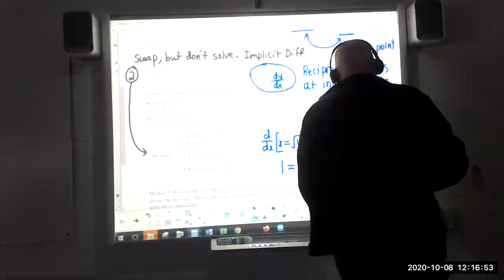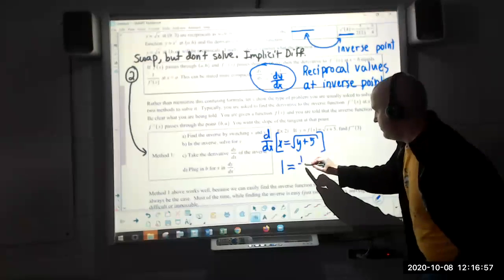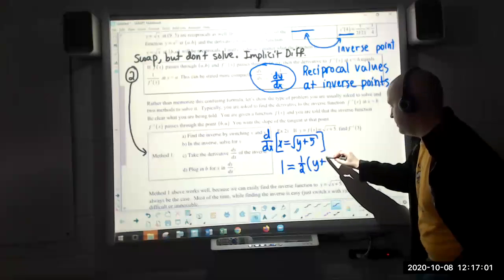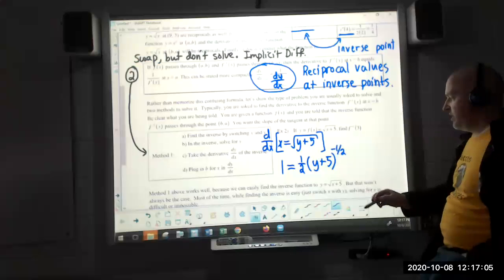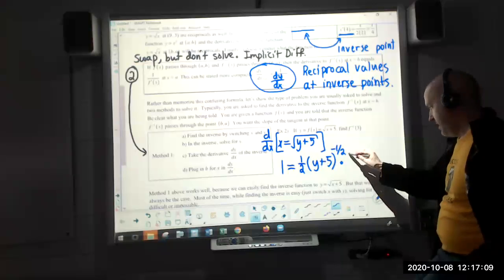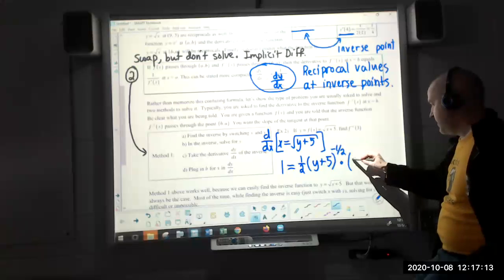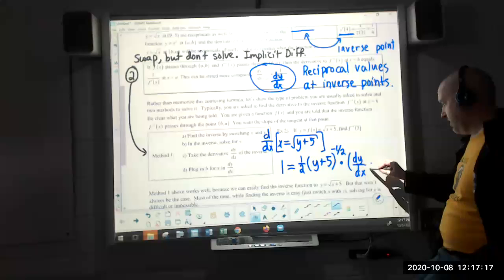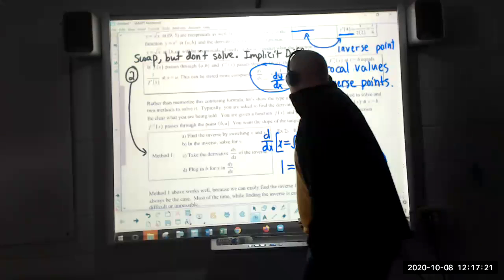On the right side, I need the chain rule. So I have an outside function of y plus 5 to the 1/2. The derivative of the 1/2 power function is this. And then I multiply by the derivative of y plus 5. The derivative of y with respect to x, I write that as dy dx. The derivative with respect to x of 5 is 0.